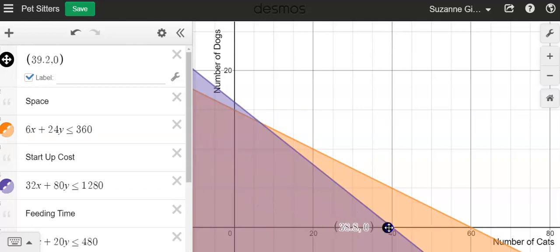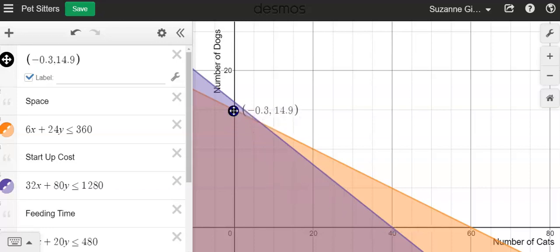Now that also includes if it is on the line. These are solid lines because it can equal this amount of space and it can equal this amount of money. So for 40 cats, that would be exactly $1,280. That does meet the requirement. So if you wanted all cats, 40 cats, that is a solution to this system of inequalities.